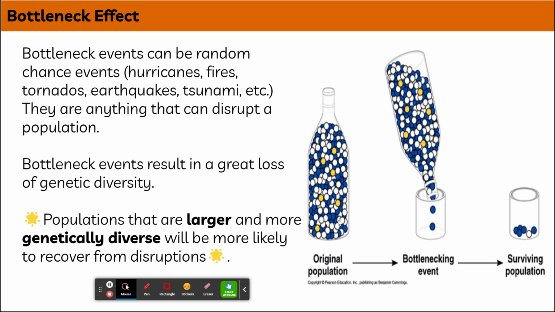So we have a higher rate of blue traits being present in the surviving population solely because there are more instances of that trait in the original population. So populations that are larger and more genetically diverse will be more likely to recover from these disruptions because there isn't a dominant species and they're typically more even.